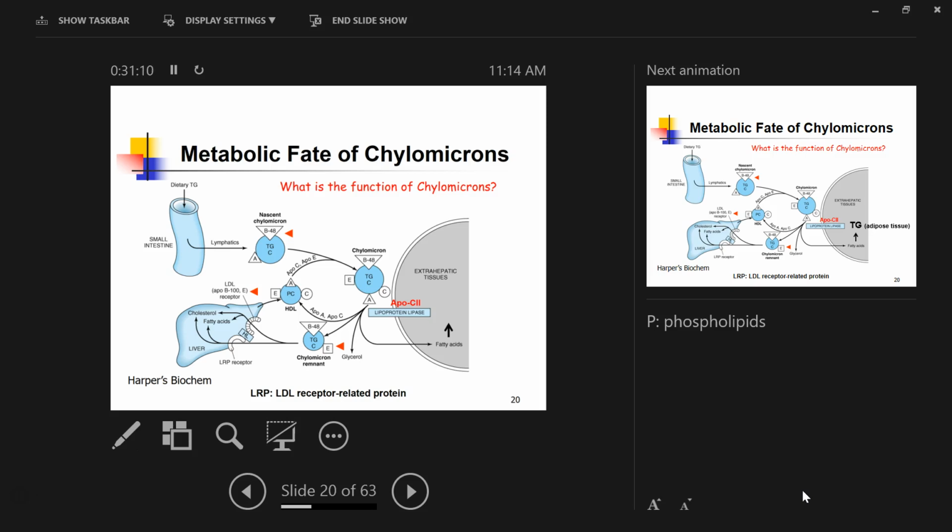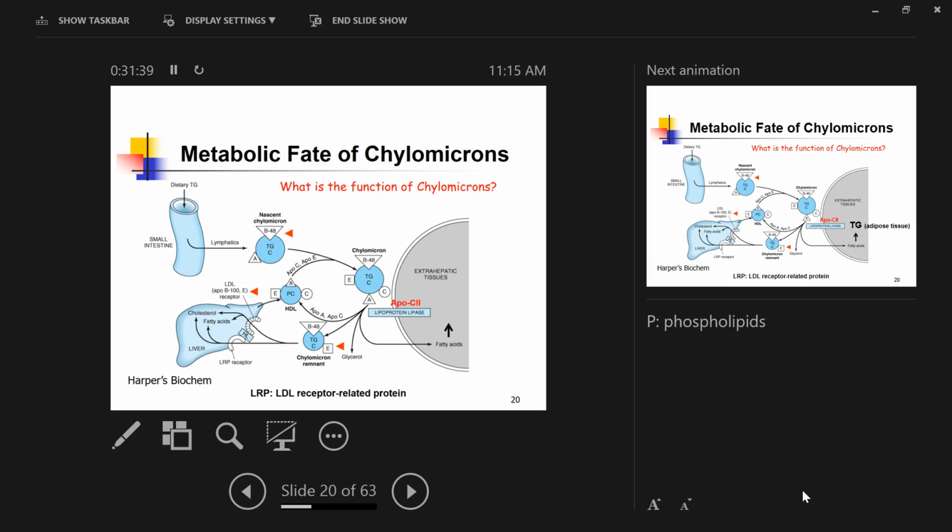So the nascent chylomicron contains a full amount of lipids in the core, but is still lacking some of the apoproteins on the surface. So again, B48 is synthesized in the small intestine, so it's already there, and ApoA protein is also on the surface.